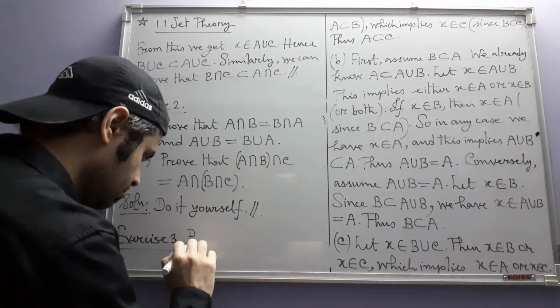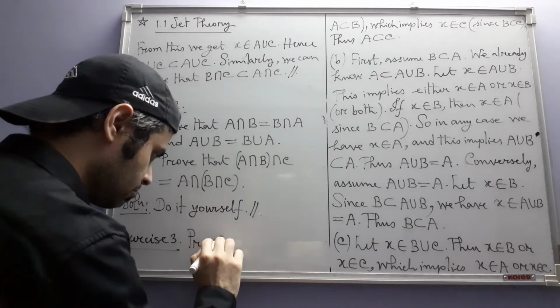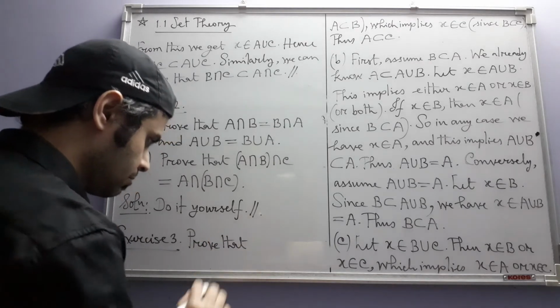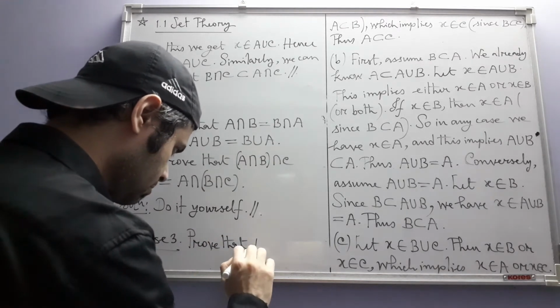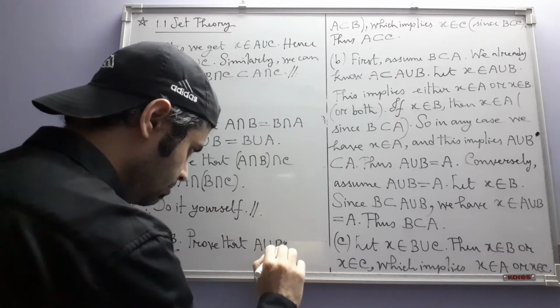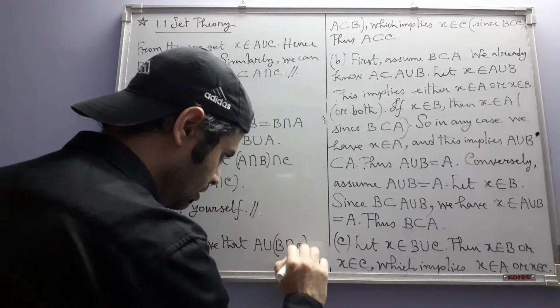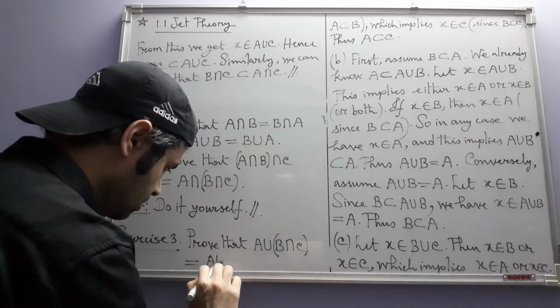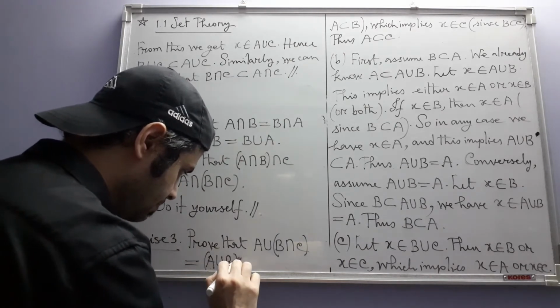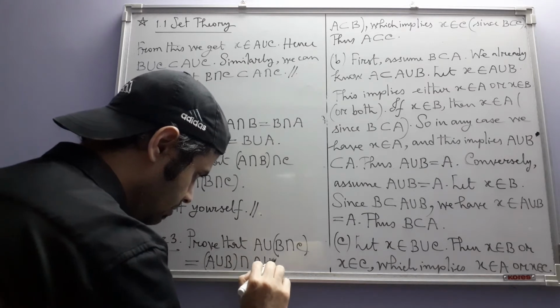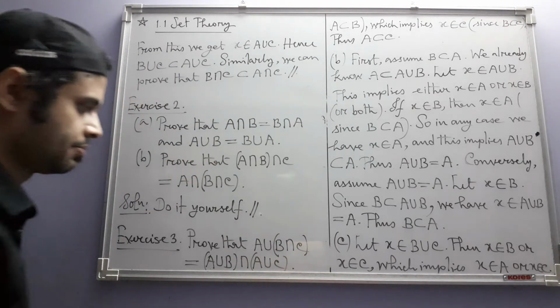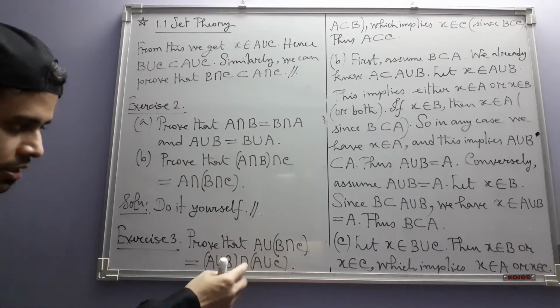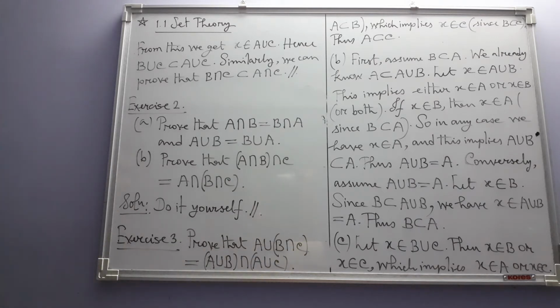Prove that A union B intersection C equals A union B intersection A union C. Here union distributes itself over intersection. That's how we say this statement.